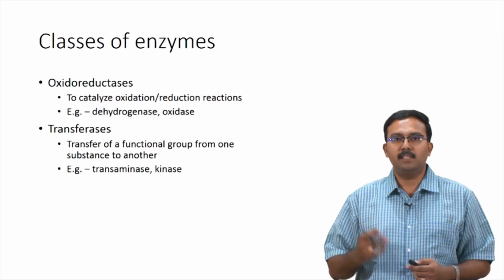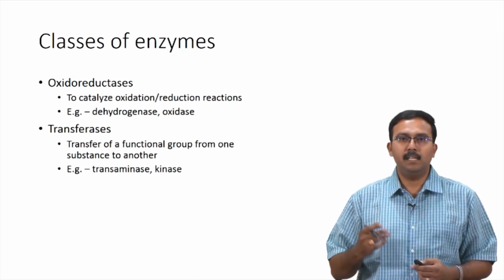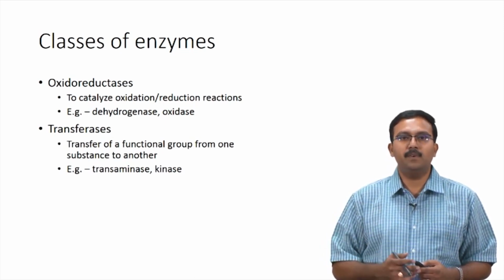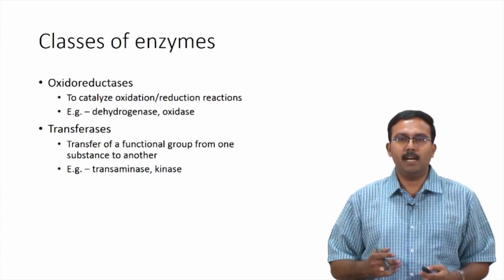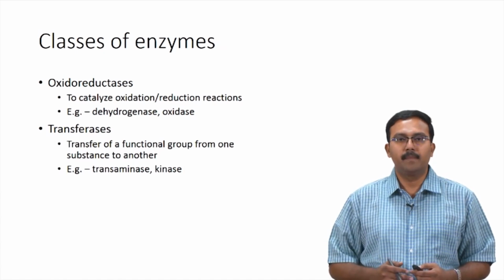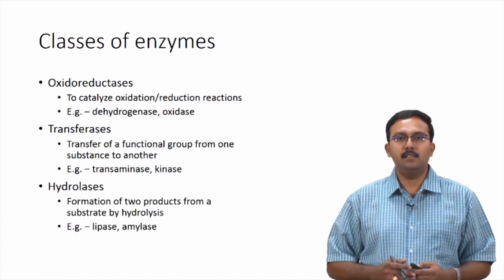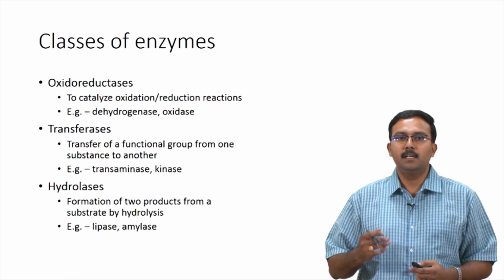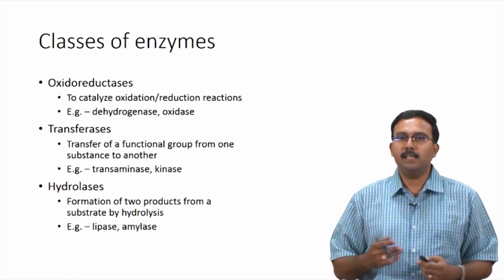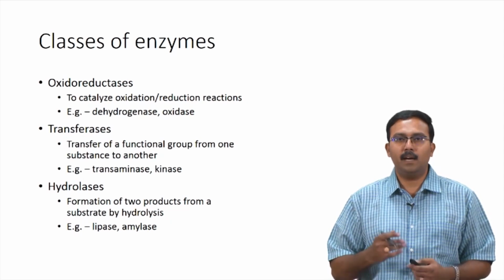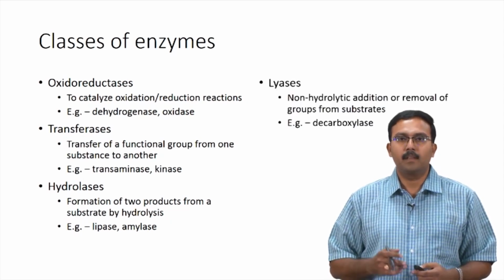You also have transferases, which are enzymes which help in transferring a functional group from one substance to another. Examples would be kinase and transaminase and so on. You have hydrolases, which form two products from a substrate by hydrolysis reactions. Lipase and amylase are examples where hydrolysis happens.